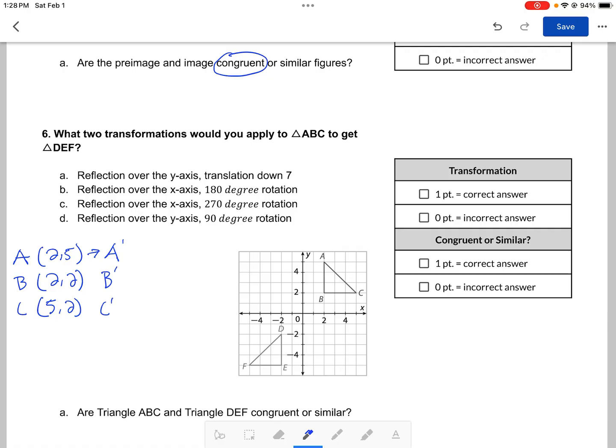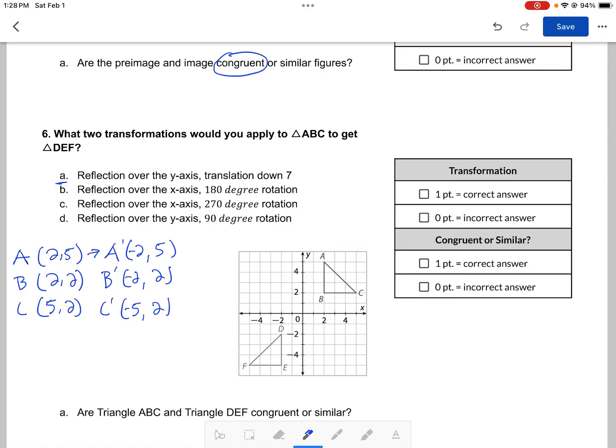Let's look at A to start. Reflection over the y-axis. Okay, so when I reflect in the y-axis, I know that my x becomes negative and y stays the same. So this is going to become (-2, 5), (-2, 2), (-5, 2), which should move my triangle.